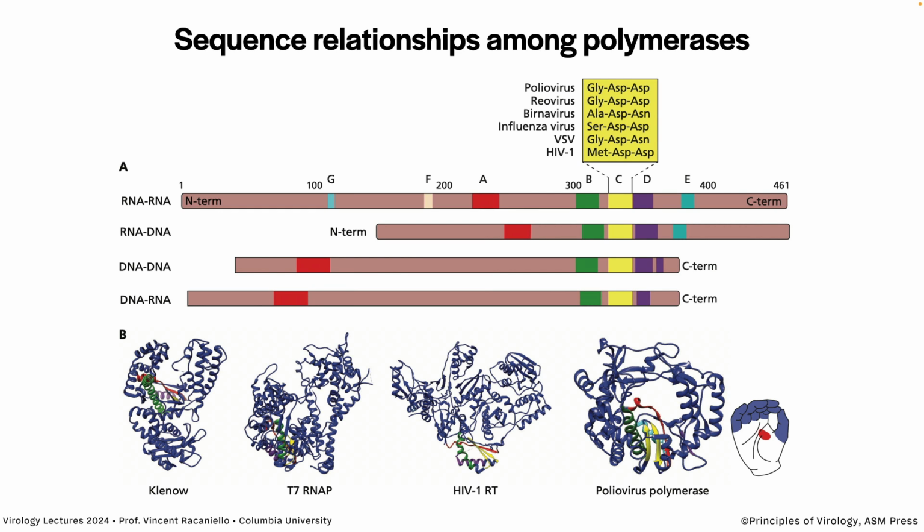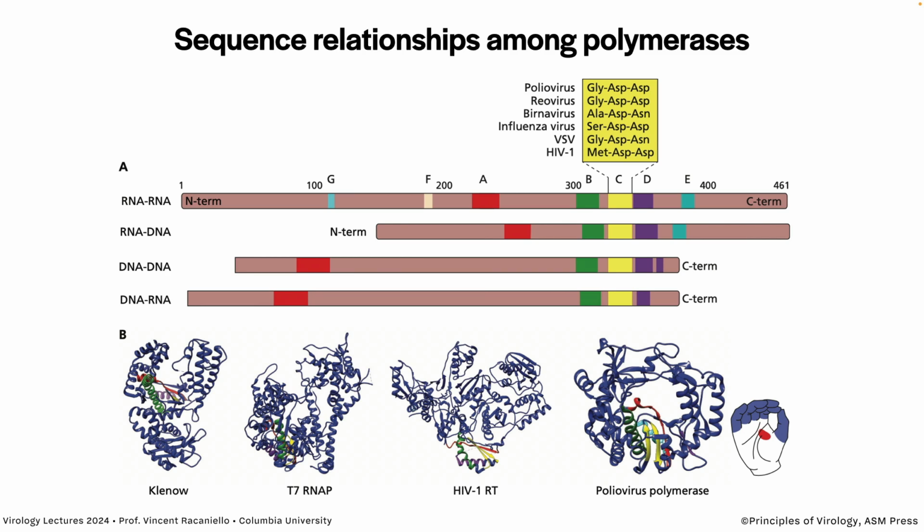Now, all the structures of the 4 different kinds of nucleic acid polymerase have been discovered. So today we're talking about RNA-dependent RNA polymerases, and here's a structure of the poliovirus polymerase on the right. The other 3 kinds are reverse transcriptase, which is RNA-dependent DNA polymerase, and DNA polymerase, which is DNA-dependent DNA polymerase.